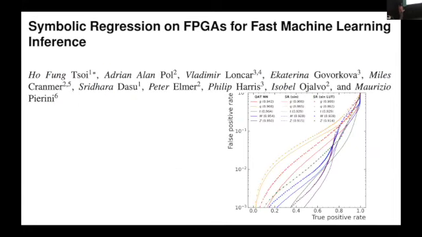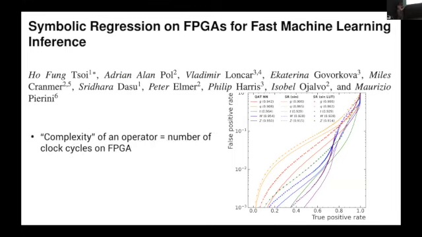Oh yeah, I'll mention this. So this was an exciting paper led by Ho-Fung Tsui, where rather than using symbolic regression as a way of interpretation, this paper used it as a way of compressing a neural network onto an FPGA. So you consider the complexity of an operator not as some kind of intuitive simplicity measure, but as the number of clock cycles on the FPGA.